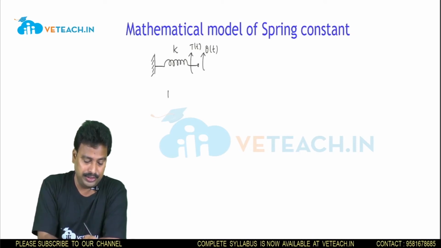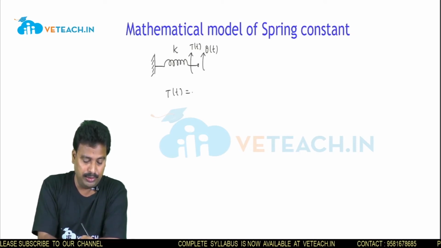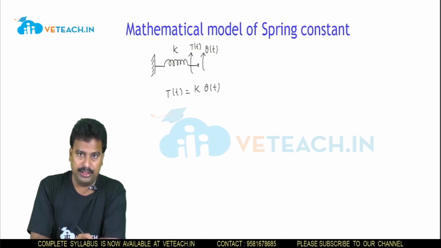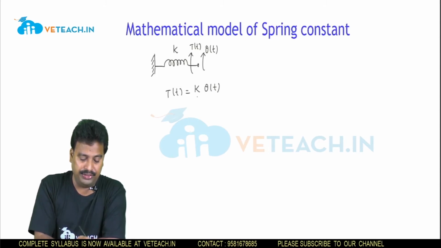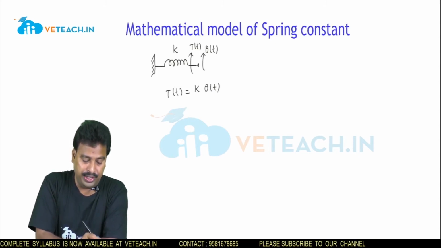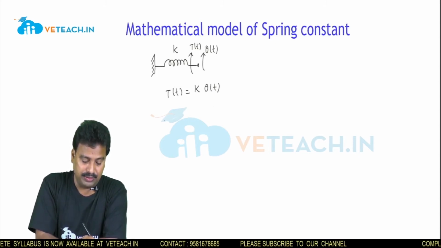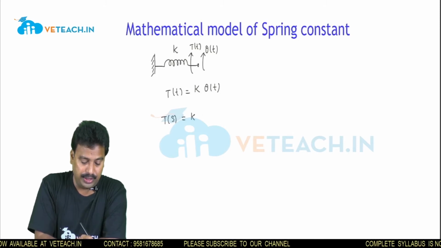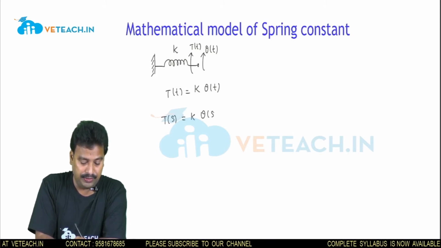Now, as I told, this T of t is directly proportional to angular displacement. So, T of t is equal to K into theta of t. Application of Laplace transform on both sides transforms this equation to T of s is equal to K into theta of s.